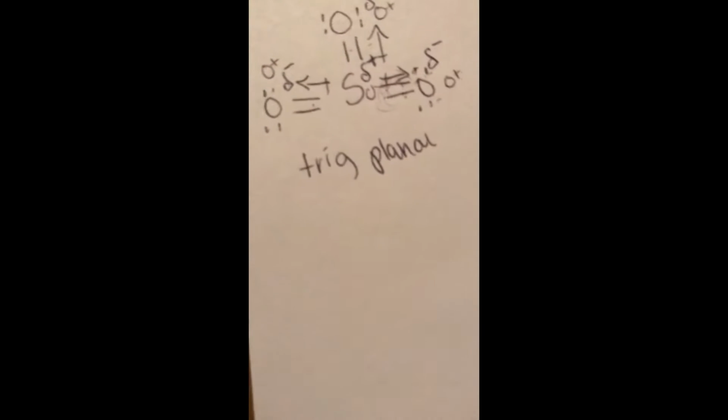If we look at the number of domains, 1, 2, 3, there are 3. So it's trigonal planar, and there's no non-bonding, so there's no different molecular geometry. Let's say we have S and O's like that, all pulling in the same directions.